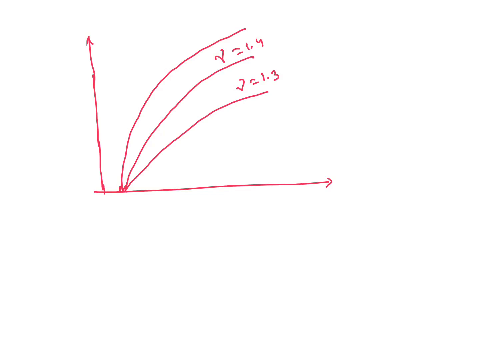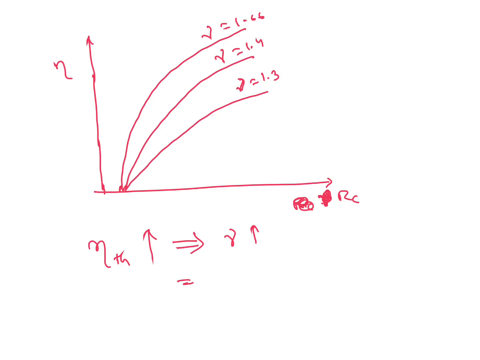Finally, efficiency increases with increase of gamma and with increase of RC.